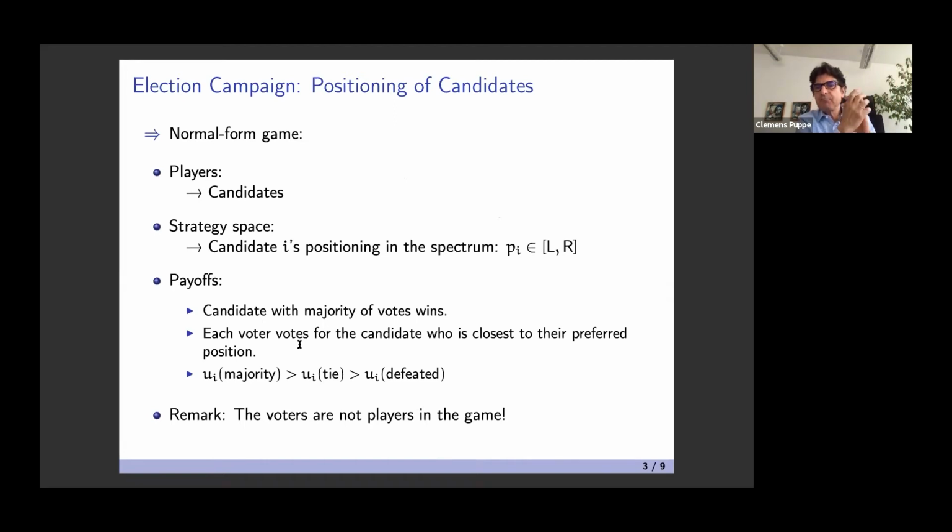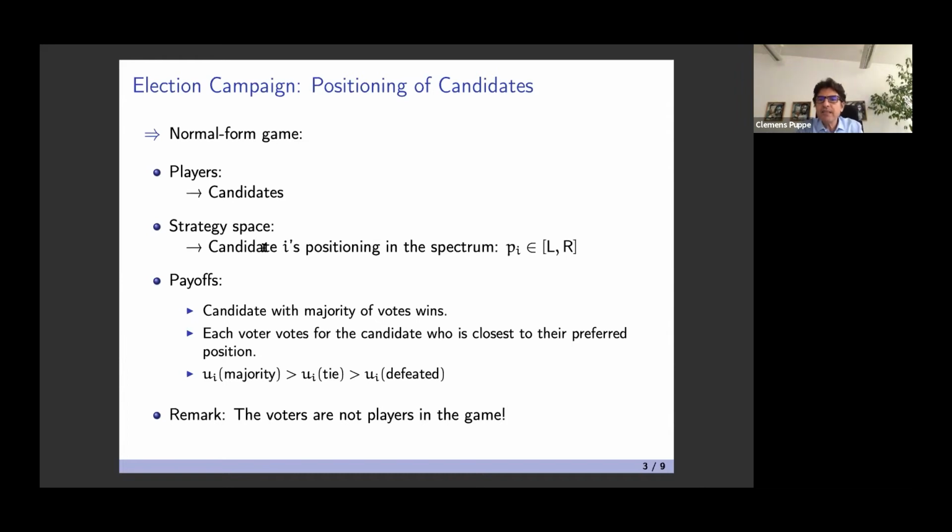Okay, it's a very simple model, but it's now what is called a normal form game. There are players, not the voters now. Be careful, right? The voters are mechanically determined, right? They do what is described here. Each voter votes for the candidate who is closest to his preferred position. So there's no issue of strategic behavior on the part of the voters.